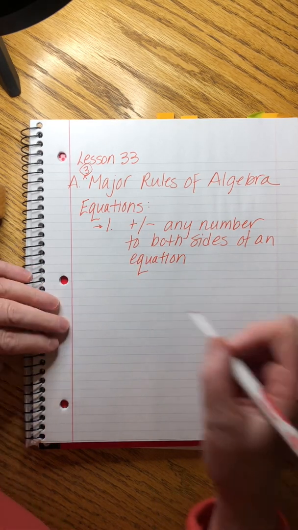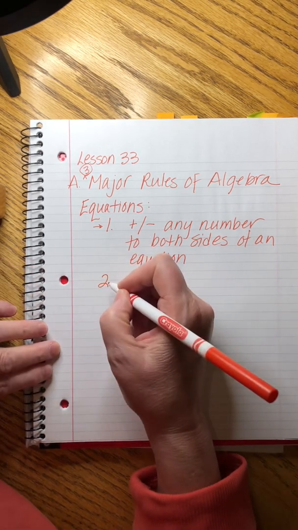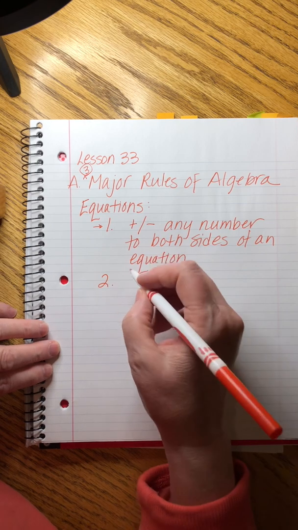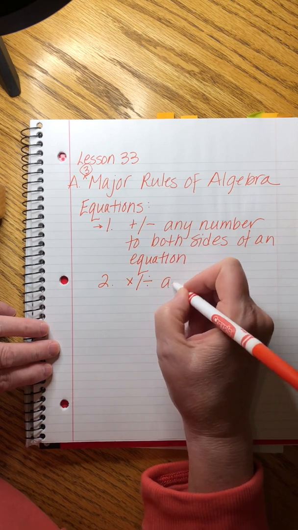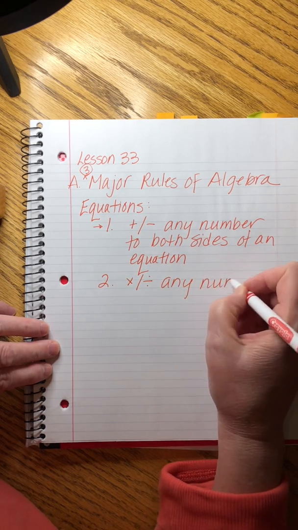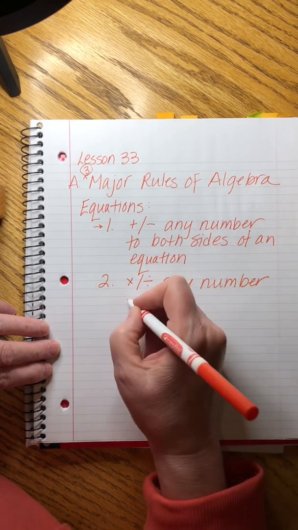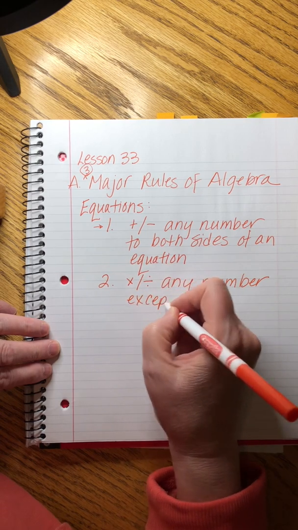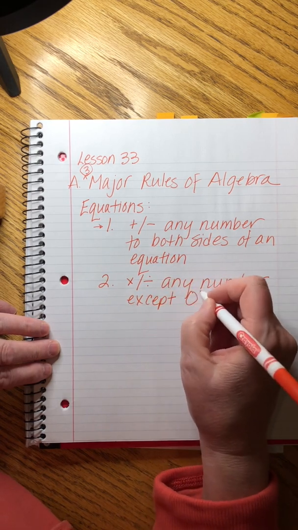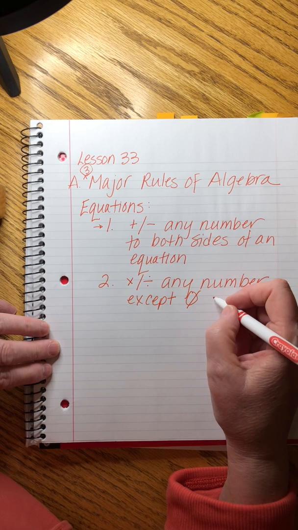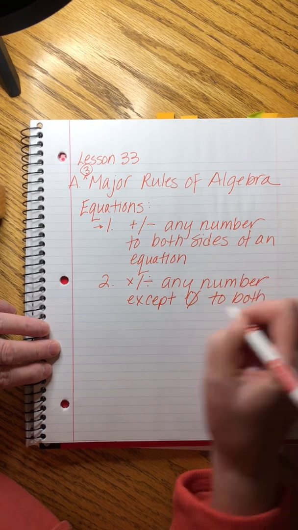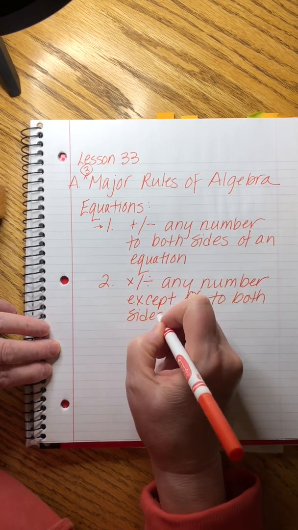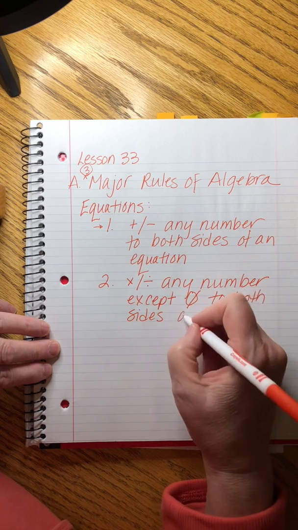We swim fish, right? The second one is that we can multiply or divide any number except 0 to both sides of an equation.